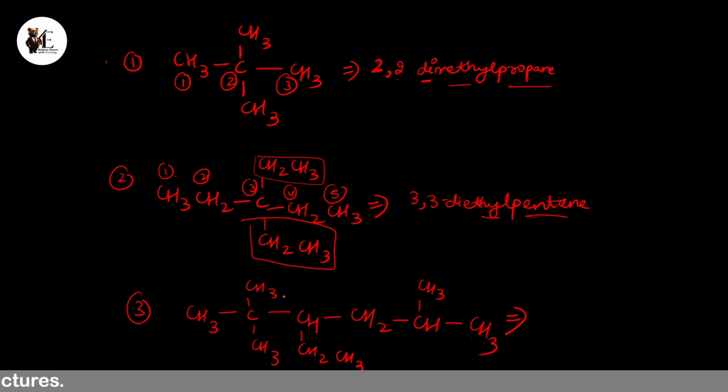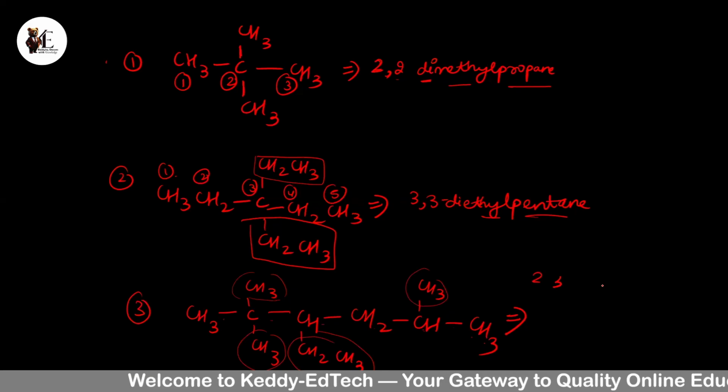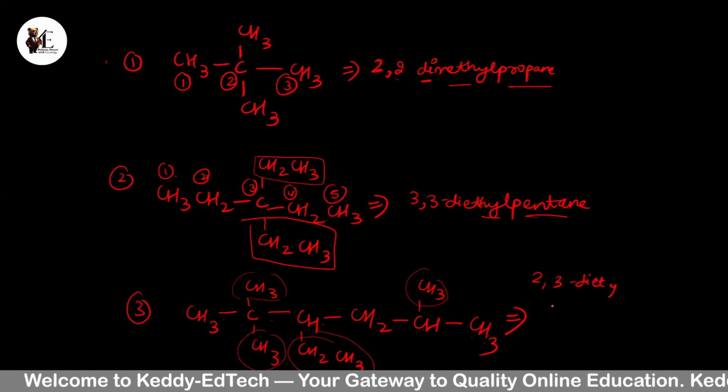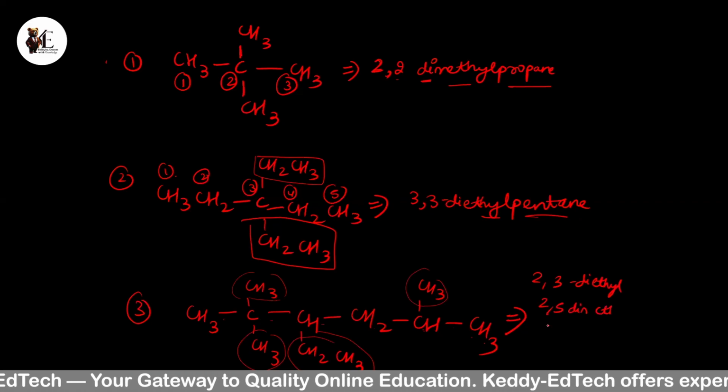But there are more groups. This is an alkyl group. This is also a methyl group. There's an ethyl group. There's a methyl group. 2,3-diethyl. Then 2,5-dimethyl. Then hexane.